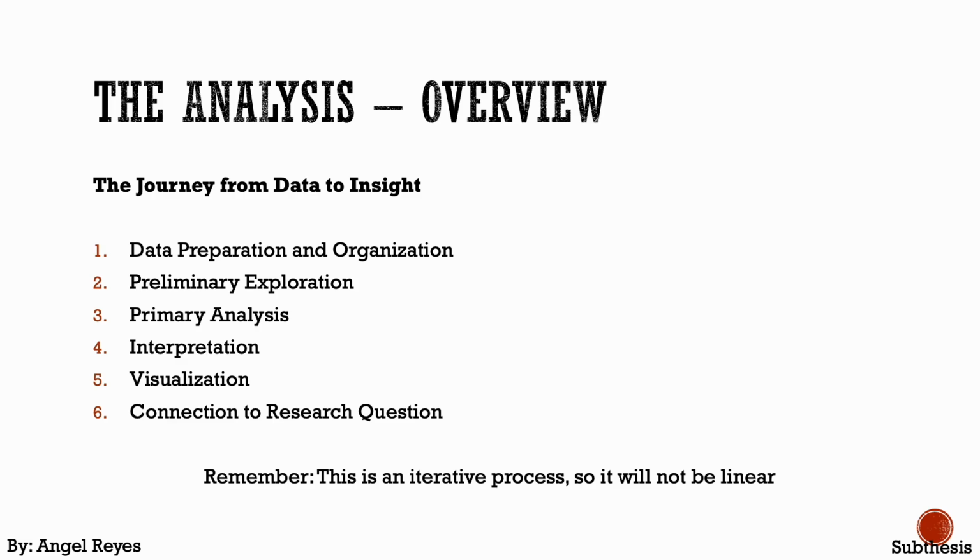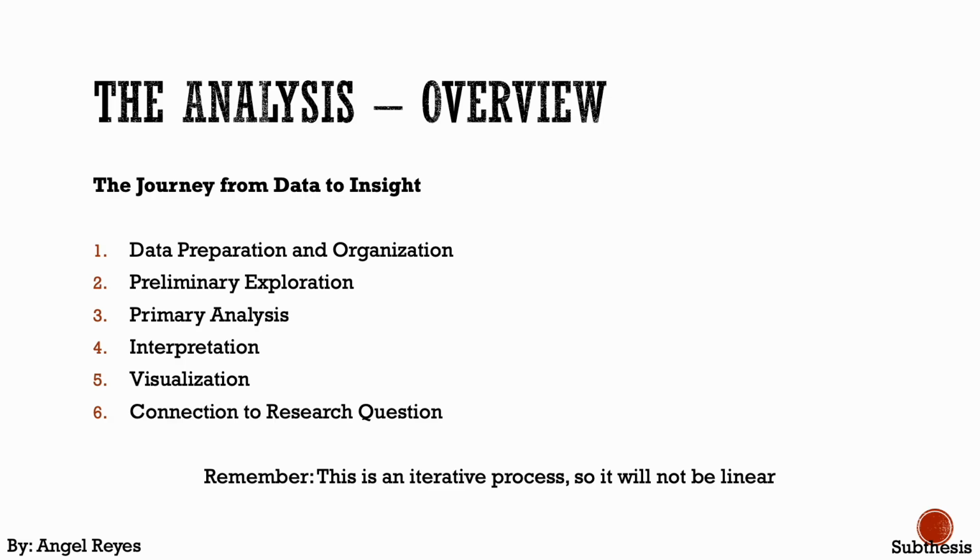Second is preliminary exploration. Before diving into formal analysis, we explore our data to understand its characteristics. Quantitative exploration uses descriptive statistics and visualizations to understand distributions and identify outliers. Qualitative exploration involves initial reading and memoing to get familiar with the data.